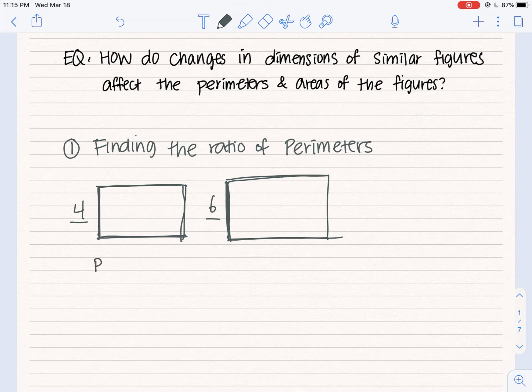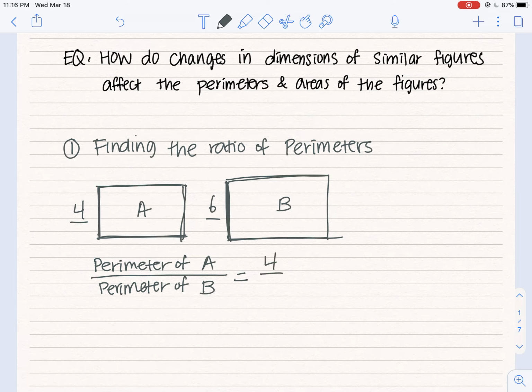So perimeter ratio of, I'll say A and B, perimeter of A over perimeter of B. A is going to be 4, B is going to be 6. I'm going to simplify it, 2 over 3.